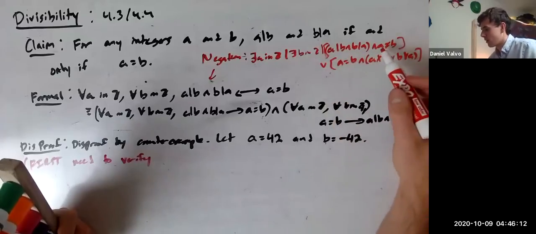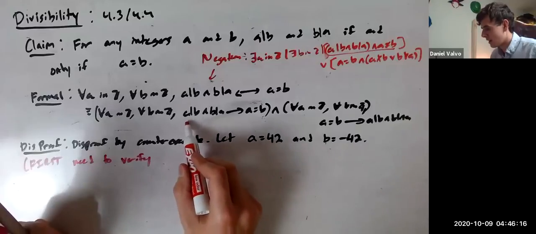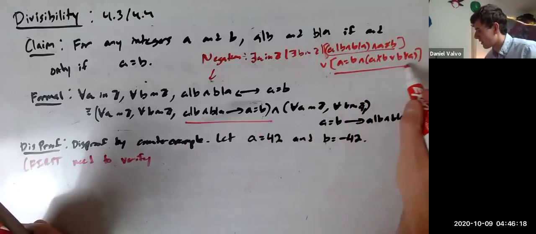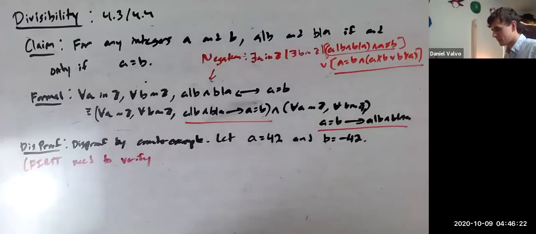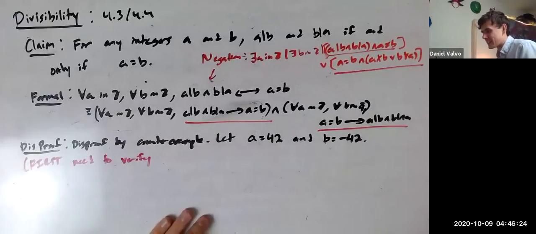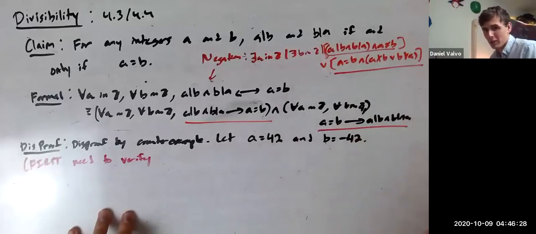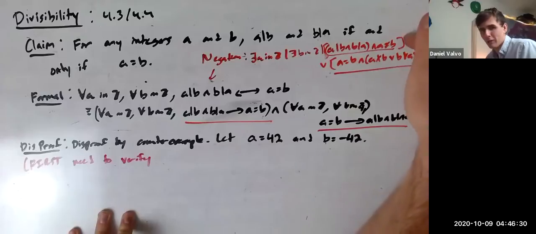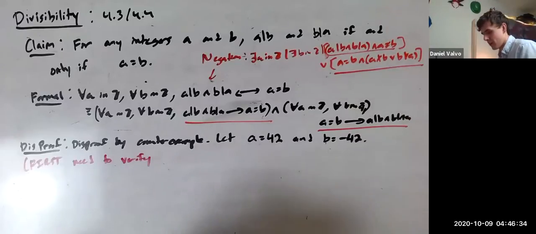The reason being, this is the negation of this guy here, and this is the negation of this guy here. And the point is that since it's an if and only if, there's two ways it can fail. Either the first way doesn't work or the second way doesn't work. If either one doesn't work, then the if and only if fails.